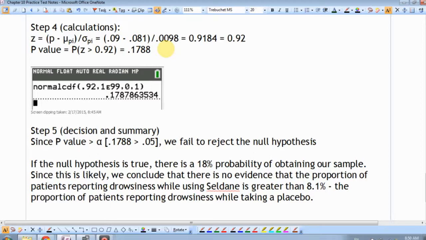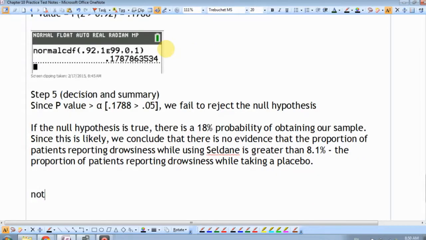So notes: reject if p-value is less than alpha. Fail to reject if the p-value is greater than alpha. I think we said less than or equal to.